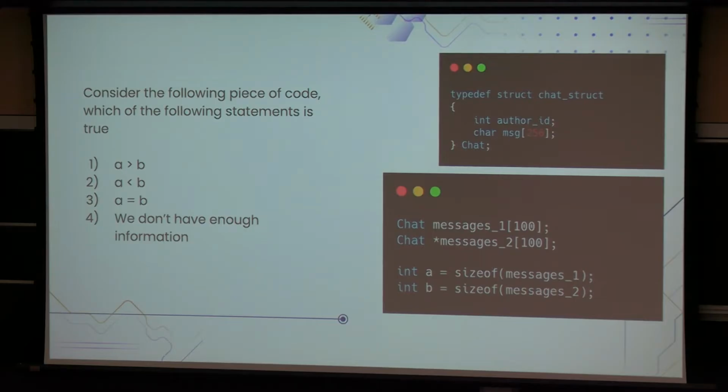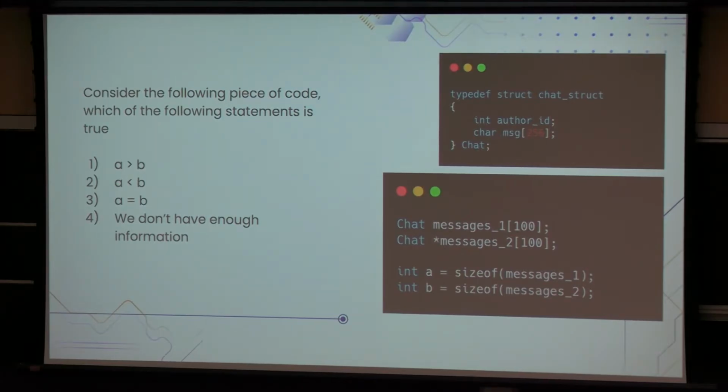When we store an array of pointers, what we're storing is memory addresses, right? Typically on your computers, because they're 64-bit systems, that would be 8 bytes for every pointer. So when we store these messages, it's going to be 8 bytes times 100, and that's going to be the size of that array.